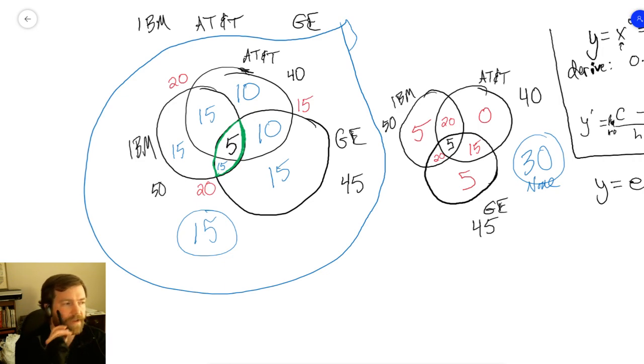So the only reason that I say that it probably should include both is because when you say 5 own shares in all 3, we're also looking at the thing up top which says, for instance, 50 own shares in IBM, period. So that meant that it included the people who only went for IBM, the people who went for both IBM and AT&T, the people who went for all 3, and the people who went for IBM and GE.